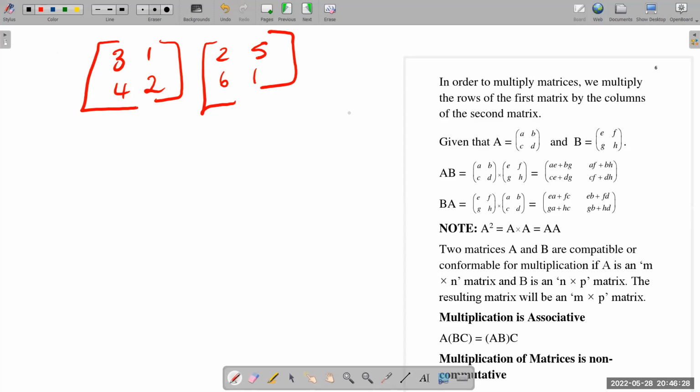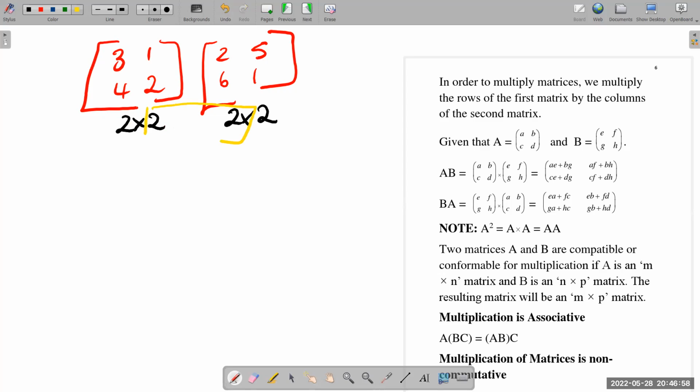Because to be honest, those are the types of questions I'm going to be asking. I'm going to be asking you rules to see if you remember the rules, because those are the most important stuff. How do we know if two matrices could be multiplied? First of all, you identify the order of both. So the order of this one is 2 by 2. The order of this one is 2 by 2. In order for matrices to be multiplied, the two inner numbers must match. Everybody remember that? So let me use a different color so it stands out.